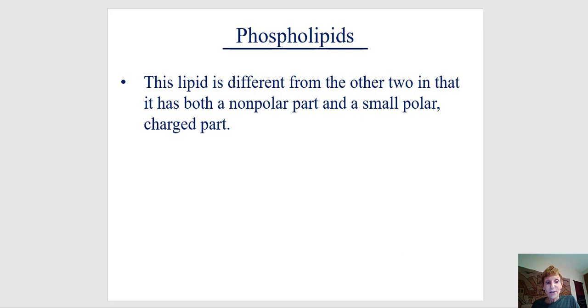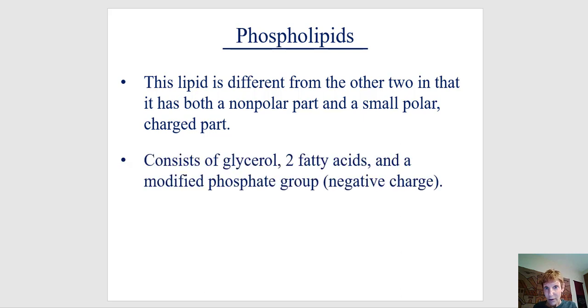What a phospholipid looks like, it looks sort of like a fat. It has glycerol, it has fatty acids, but it only has 2 fatty acids. And in the third position, instead of a third fatty acid, it has a modified phosphate group. Remember what a phosphate group is?